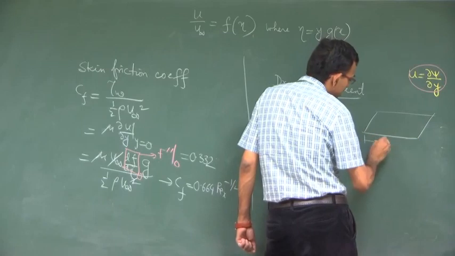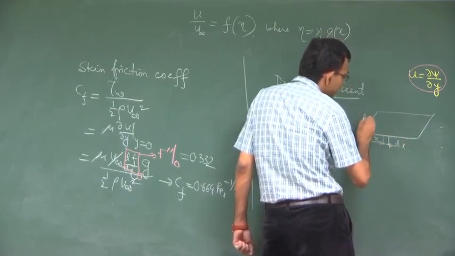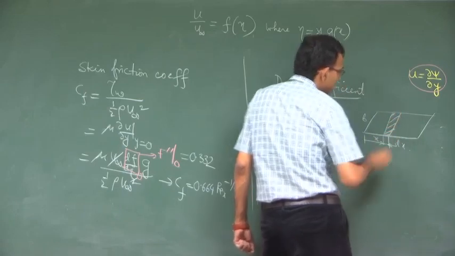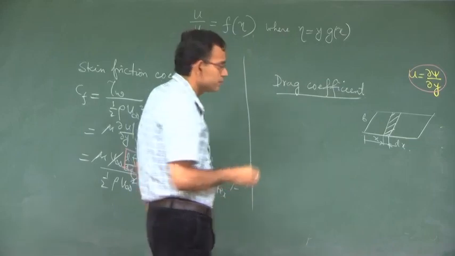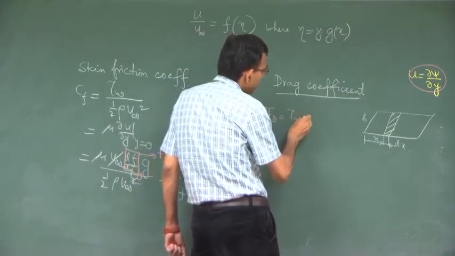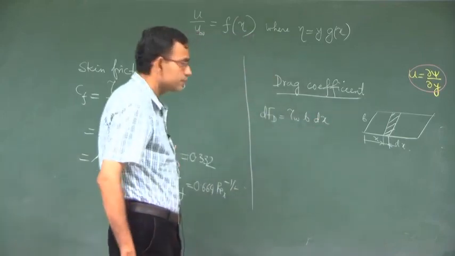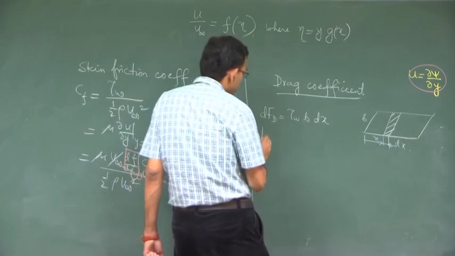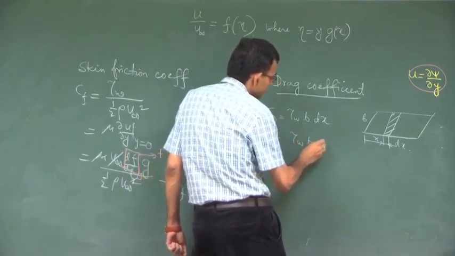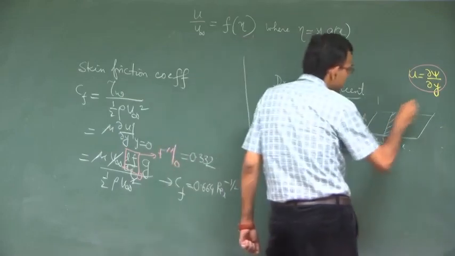So, at a distance x, if you take an element dx and let us say b is the width of the plate, then on this strip what is the drag force? Tau wall into b into dx, right. So, the total drag force, this is the L is the length of the plate.